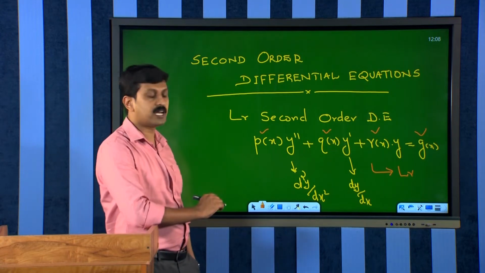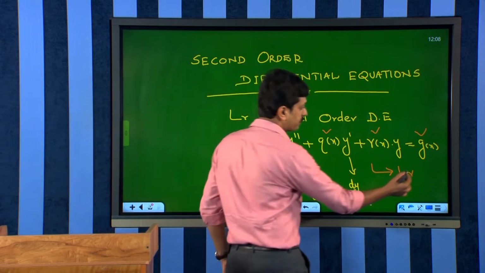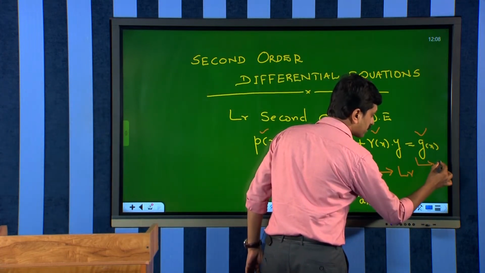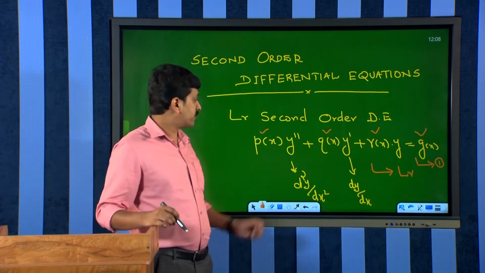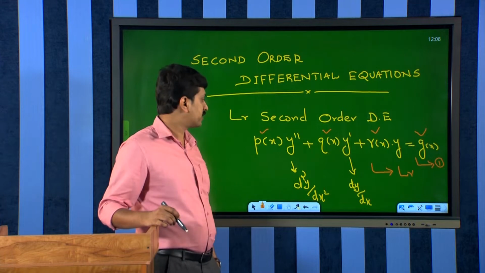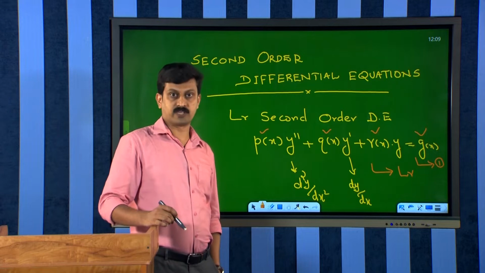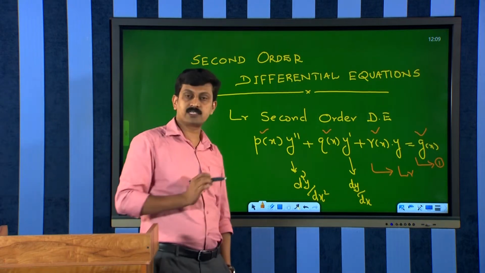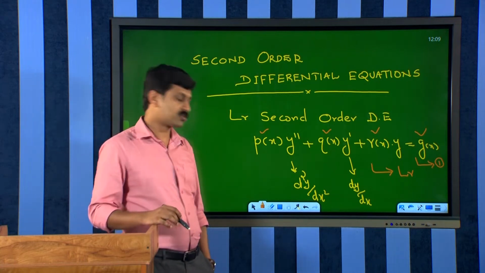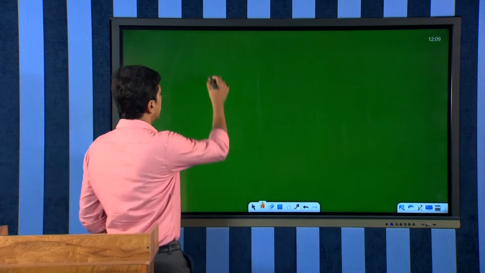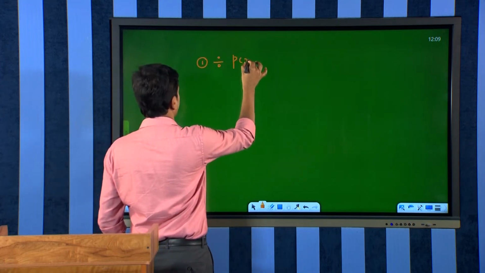My dear students, we can change this differential equation. I would like to call it differential equation 1. The coefficient of y double dash is the function p of x, so I would like to divide this equation throughout by p of x.